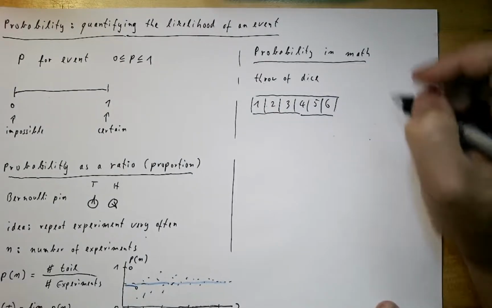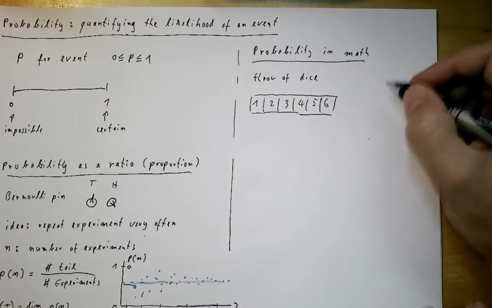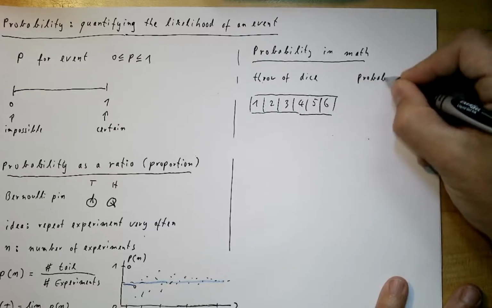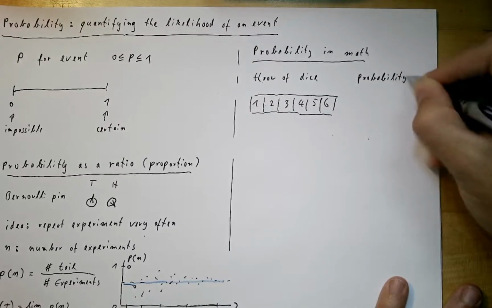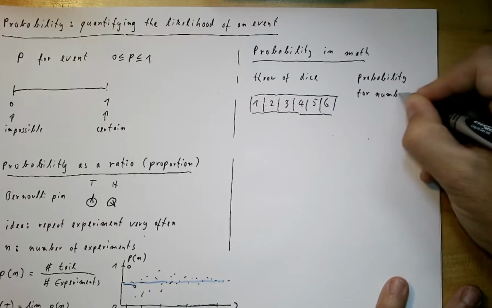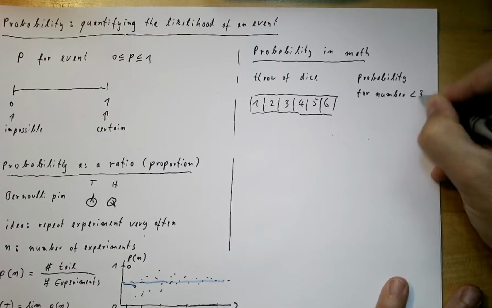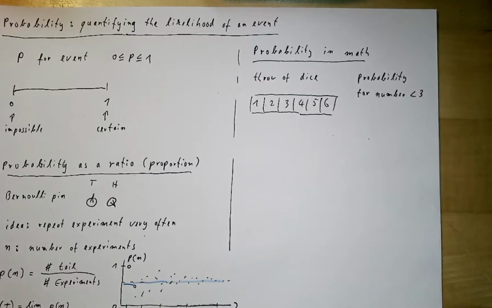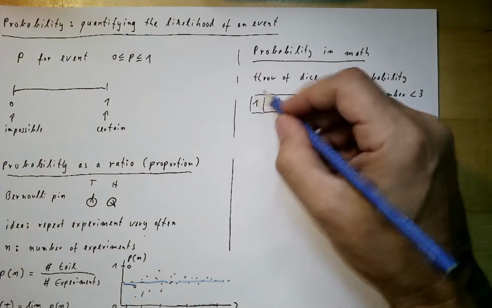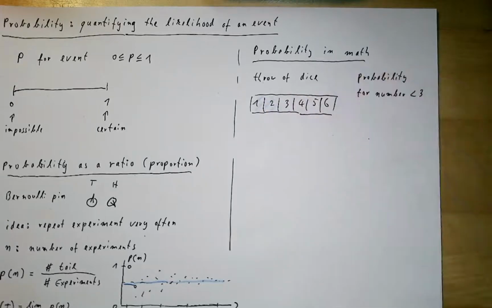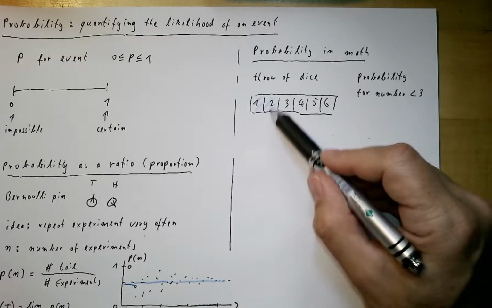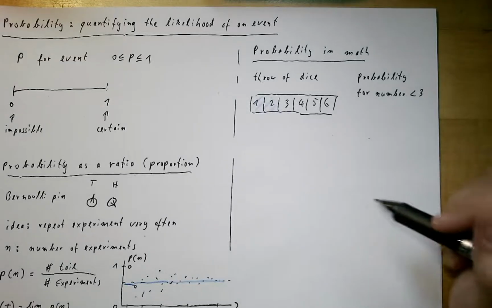And now we want to know what's the probability for a number which is smaller than 3. So that the dice has a number which is smaller than 3, and you see this is just these two possibilities. Either the dice shows a 1 or shows 2. That's the only possible outcomes.